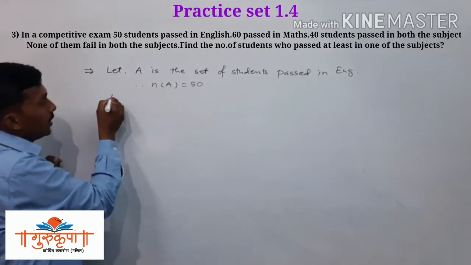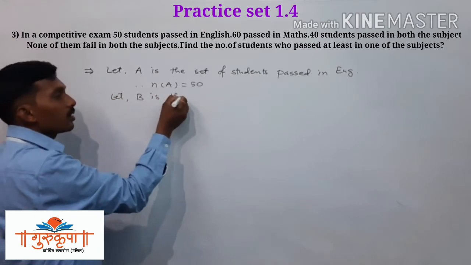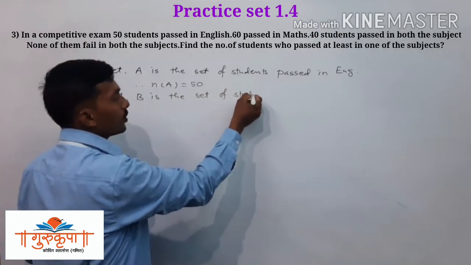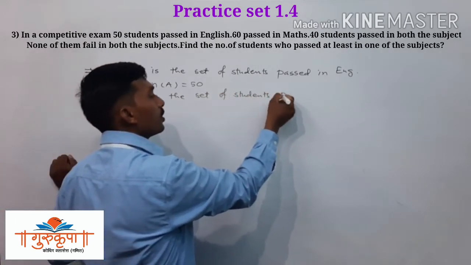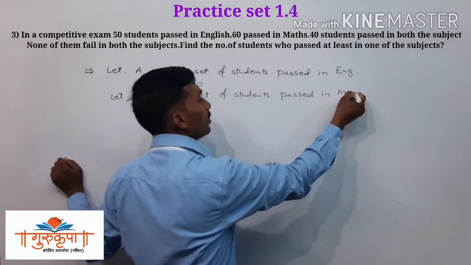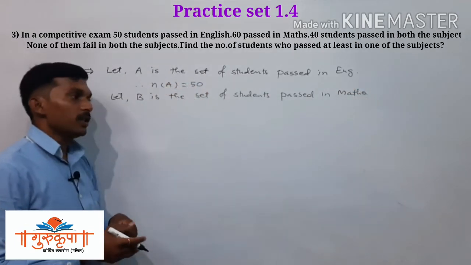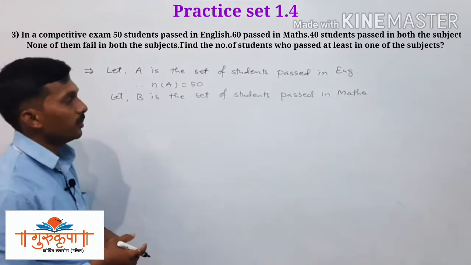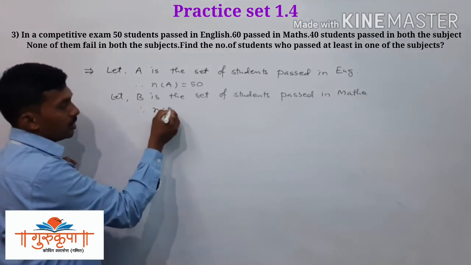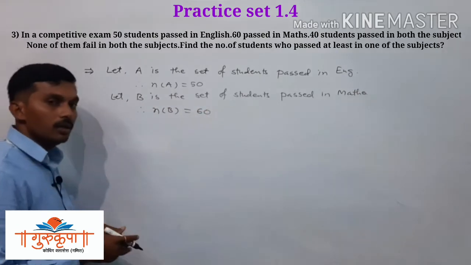Then let B be the set of students passed in mathematics, and that is given as 60. So number of B is equal to 60.